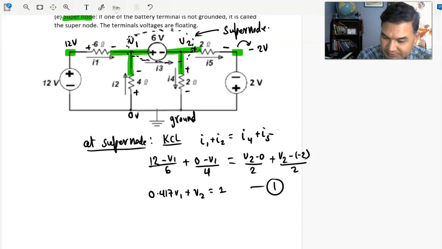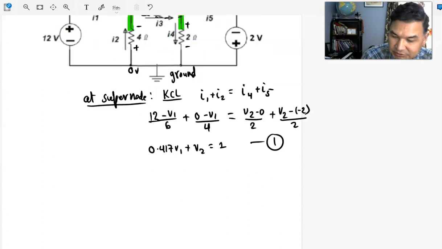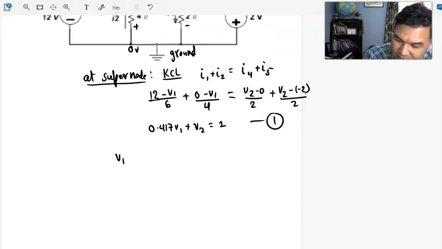So what would be the next equation? How do you get the next equation? The condition is V1 minus V2 has to be 6 volts. We know that because this battery voltage is 6 volts. This is my second equation.